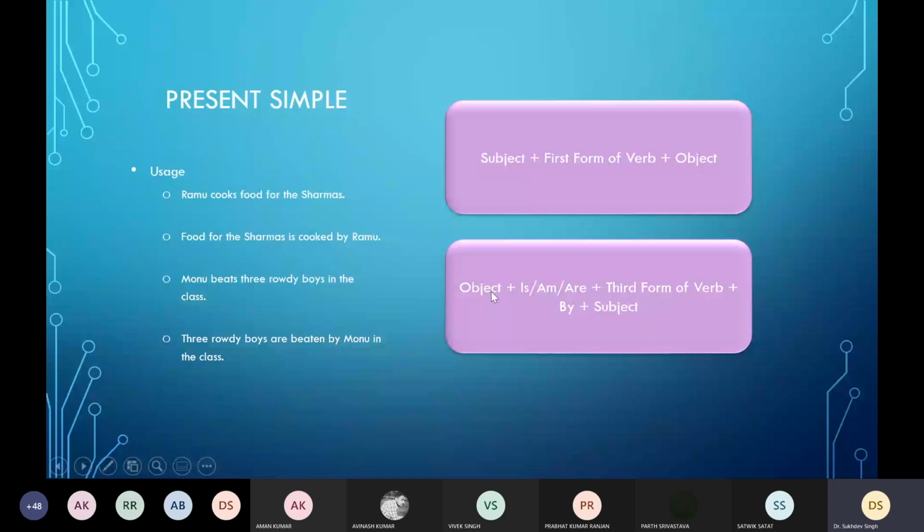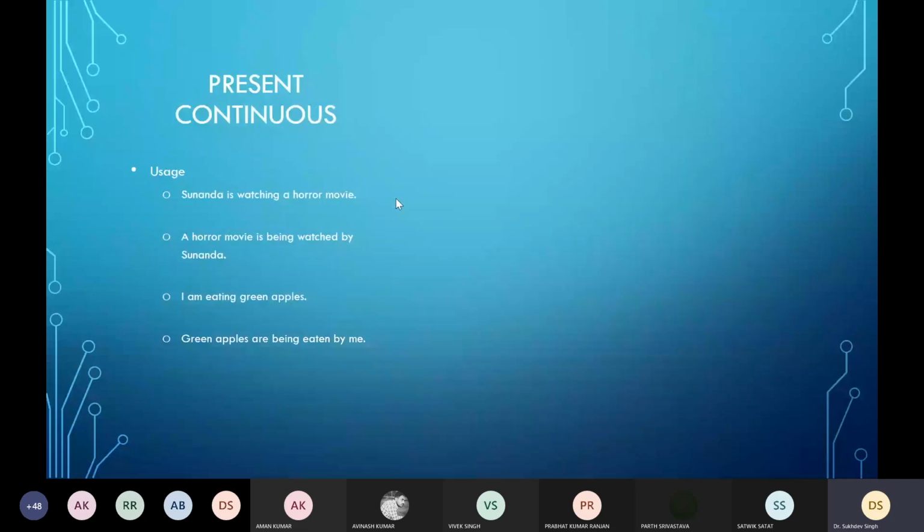You add the object, then is or are, depending on the singularity or plurality of your subject, which is now the object in the place of the subject. And you add the third form of verb. The first form of verb is converted into the third form of verb, and you add by, and you put the subject over here. Now let's move to the next.